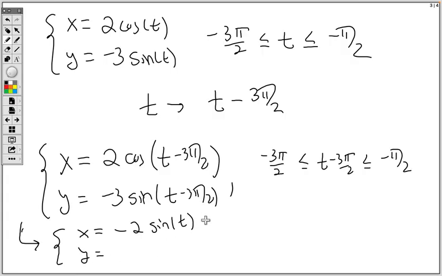Using the difference formula for sine, we would get sine of t cosine of 3 pi over 2, which once again is 0, minus cosine of t times the sine of 3 pi over 2. So the sine of 3 pi over 2 would be negative 1, times the minus, which would be a plus 1, times the minus 3. So this would be minus 3 cosine t.